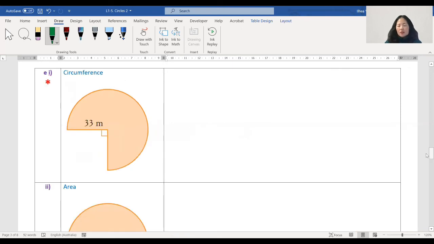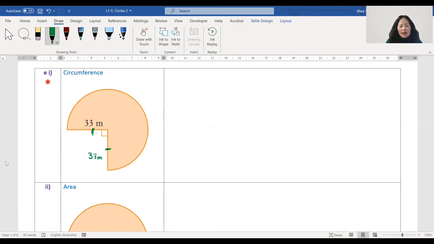Part E, I got this red star sign next to it. It means it's going to be tricky. Okay, so I'm going to go a little bit slower with this one. We will see. When we're looking at the diagram, it says something is missing here. So we have radius here. That's not a problem. 33 meters. But we're missing something.